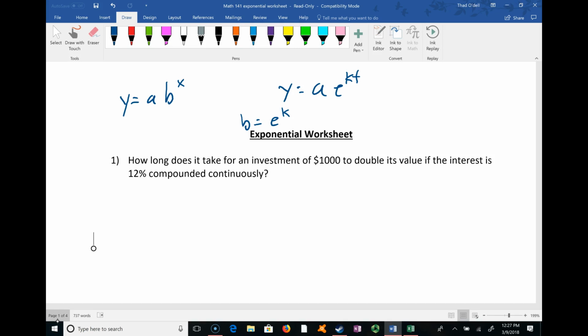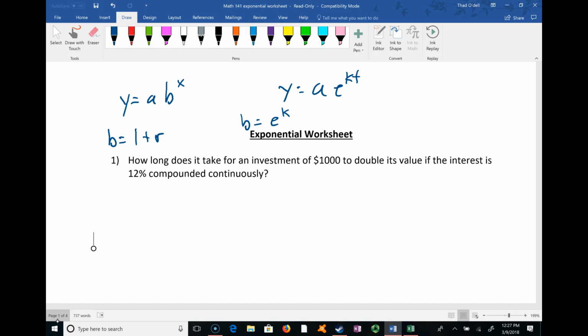That's how those two equations are connected. And also a reminder that the relationship between b, which is the growth factor, and the growth rate, which are two different things, is that b is equal to 1 plus the growth rate. And if it's a decay rate, then it'd be 1 minus the decay rate.